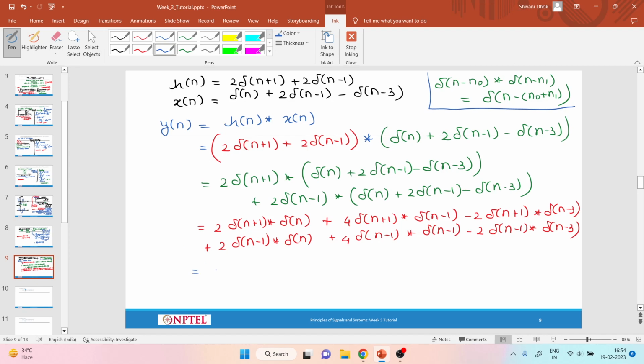If we observe here, your n naught is minus 1 and your n1 is 0. So therefore minus 1 plus 0 will be equal to minus 1. So again I'll be getting delta n plus 1 here plus 4 times. Here my n naught is minus 1 and my n1 is equal to 1. So n naught plus n1 is 0. So here I'll be getting delta n.